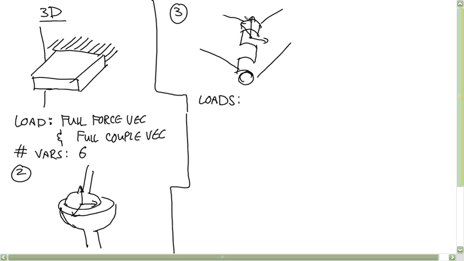So everything is prevented. Every motion is prevented except rotation about the axis, okay? Unless the problem tells you don't count on it for this or that type of constraint.